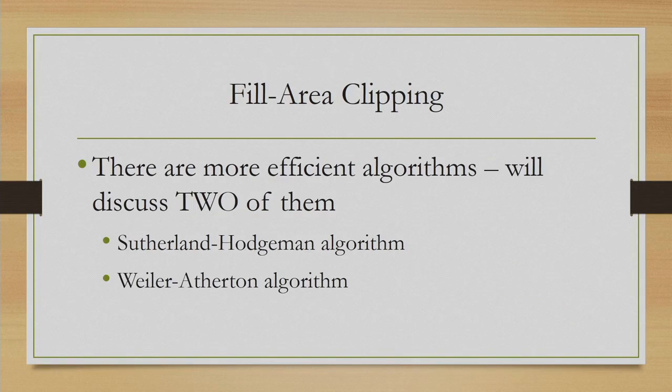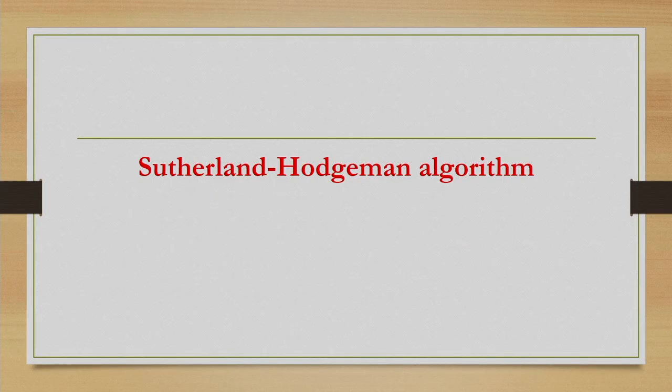Instead, we require better approaches. There are in fact many efficient algorithms proposed for the purpose. In this lecture, we are going to discuss two of those approaches. One is Sutherland-Hodgeman algorithm and the other one is Weiler-Atherton algorithm. Let us try to understand these algorithms. We will start with the Sutherland-Hodgeman algorithm.